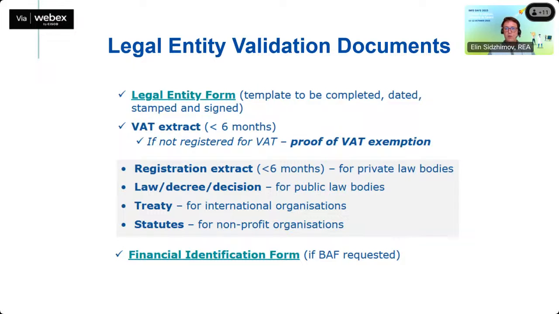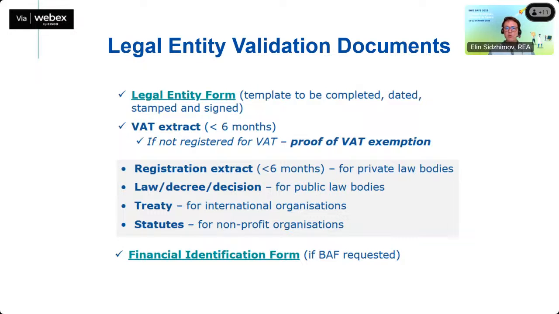For private law bodies, we would request the registration extract, again, not older than 6 months, so we can verify that the entity is currently existing and under what legal form. For public law bodies, the requested documents would include the law, decree, or decision under which this public law body functions and with which it was created.